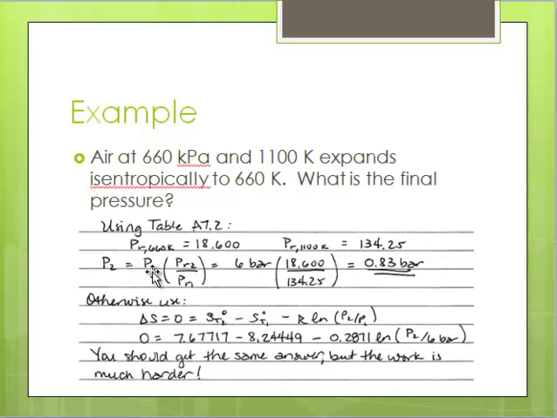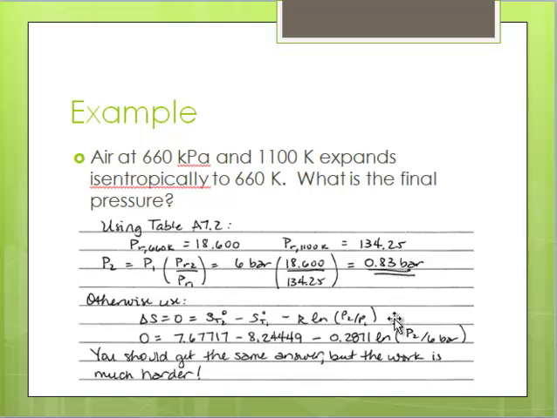Therefore, P2 over P1 equals PR2 over PR1, or P2 is P1 times PR2 over PR1. Therefore, I just take the ratio of these relative pressures, and multiply by the actual initial pressure to get the final pressure.